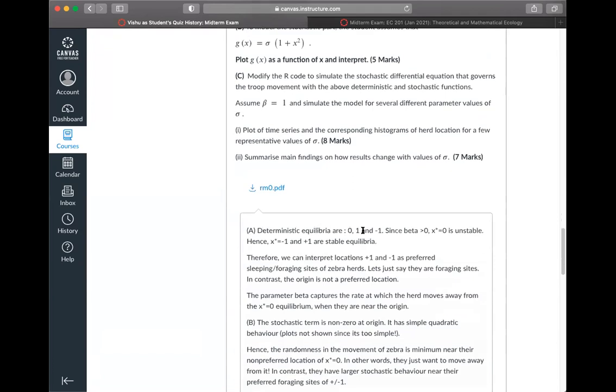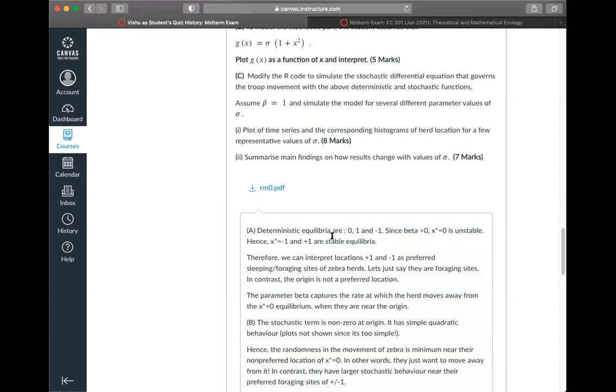Deterministic equilibria are 0, 1 and -1. Since beta is greater than 0, 0 is unstable. You could have found this by just plotting that function f of x for positive beta, so you don't have to actually solve f prime of x star and all. Always use graphical methods. They are very, very powerful, and you can use graphical plotting tools also.